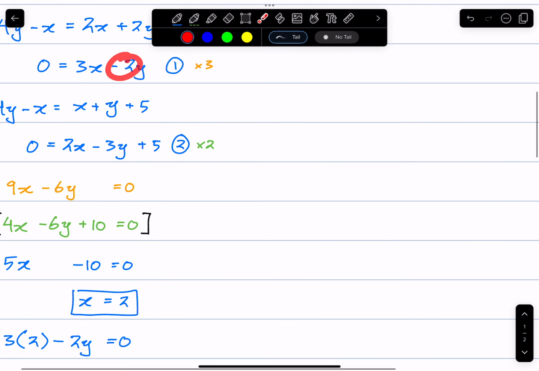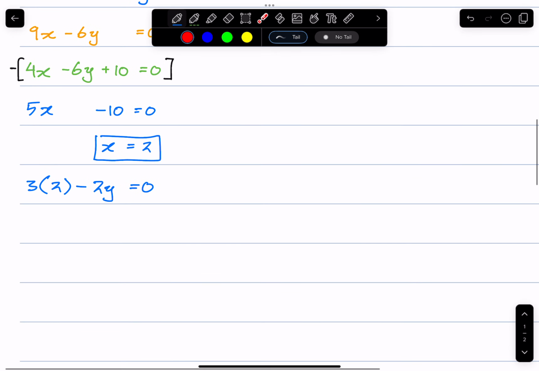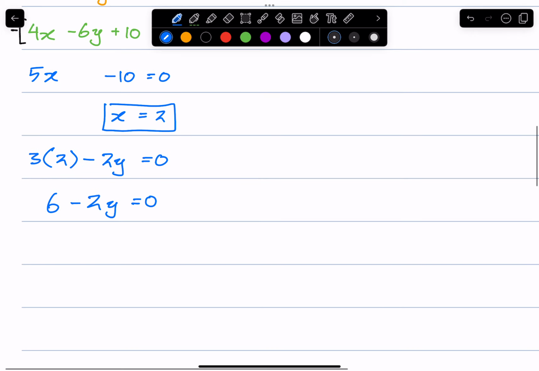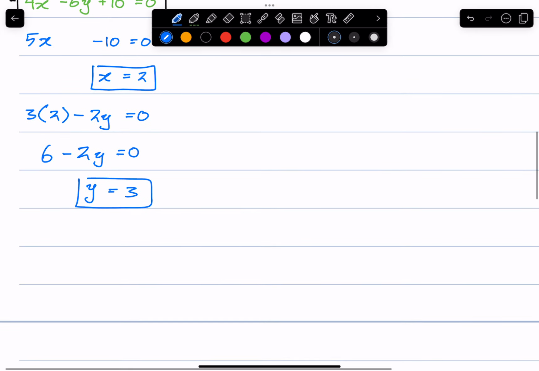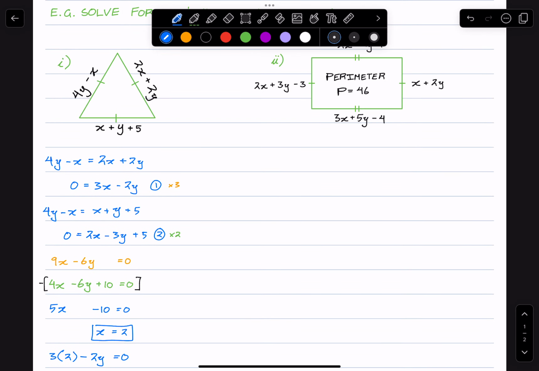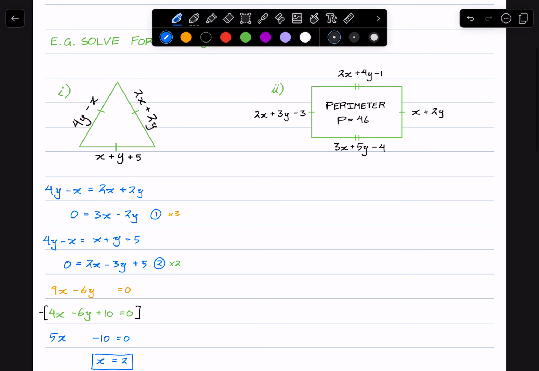Double checking, yes, minus 2y. And then from here, we get 6 minus 2y equals 0, and I hope you can see that y equals 3. And so the solution to this is 2, 3 for the coordinates of x and y. Now that you've seen this, I hope you can give the next problem a go.